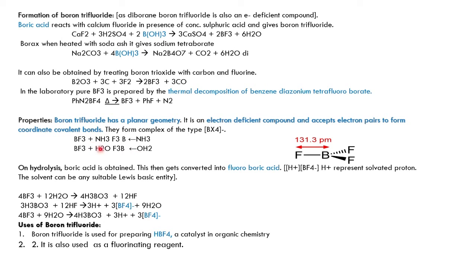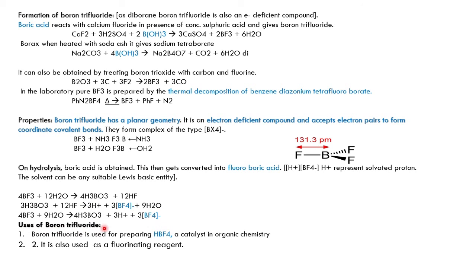To represent that, the arrow is on the opposite side, on the left side. Then on hydrolysis it forms fluoroboric acid, whose formula is H plus and BF4 minus. On hydrolysis it forms orthoboric acid and fluoroboric acid.